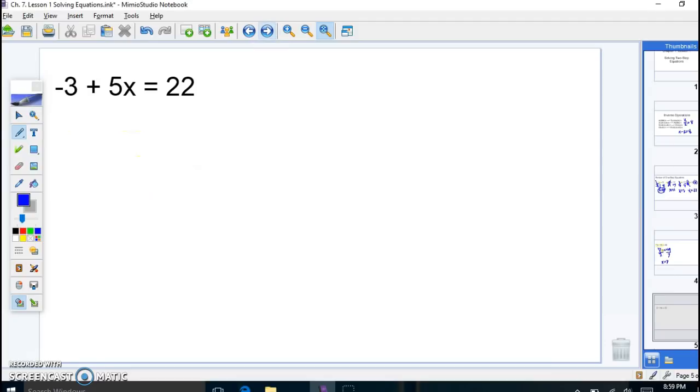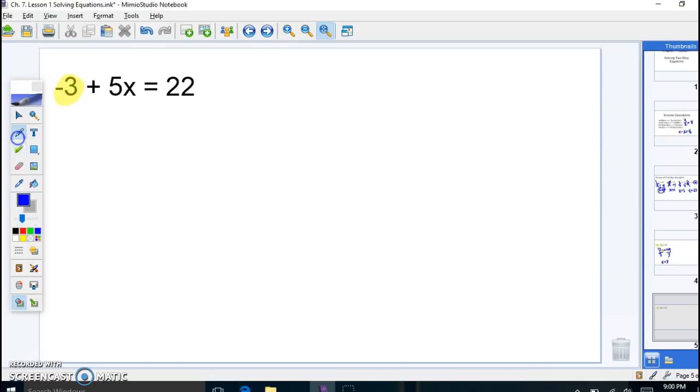Now in this problem, you'll notice that on one side of the equal sign, I have two things, but one of them has an x and one of them doesn't. So I can't combine those together like I did in the last problem. So instead of simplifying that, what I have to do is identify how I can move this minus 3 to the other side of the equation so that x is by itself.